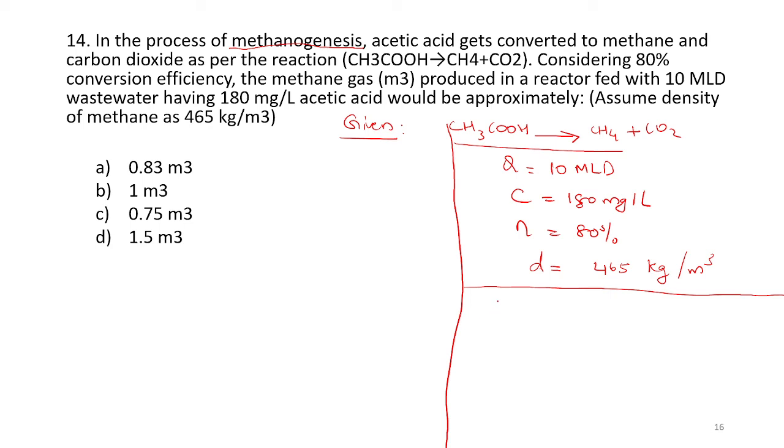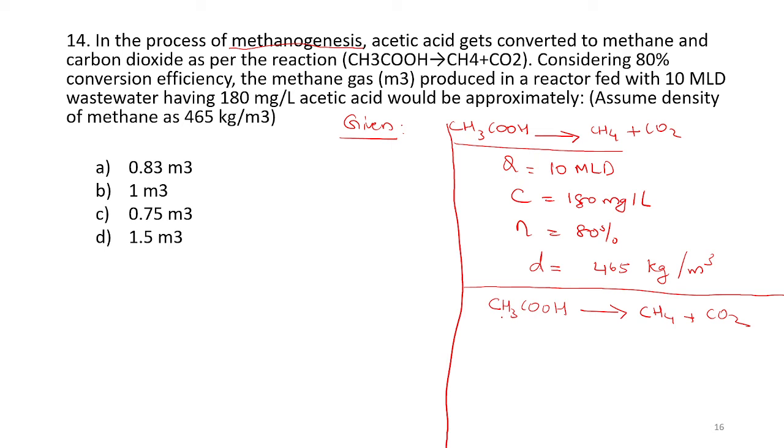So first of all, let us see the equation. The conversion equation is that CH3COOH is getting converted to methane and carbon dioxide. The molecular weight of CH3COOH is carbon 12 into 2, 24, plus 4 hydrogen, therefore 4, plus oxygen 16 into 2, 32, therefore 60.